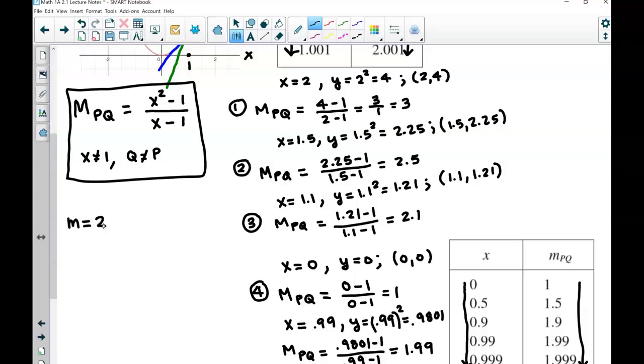Okay, and then what we're going to do is, the given point was 1, 1. So now that we determined that it's approaching the slope of 2, we can use our point slope form to find the equation of that line.